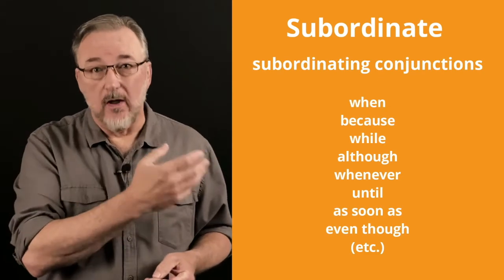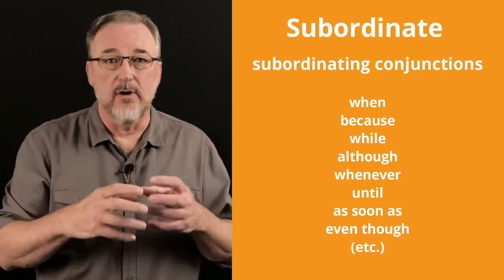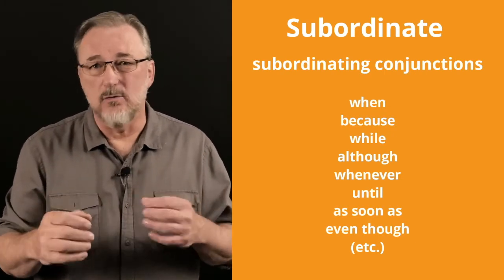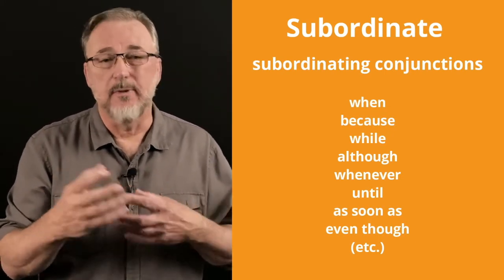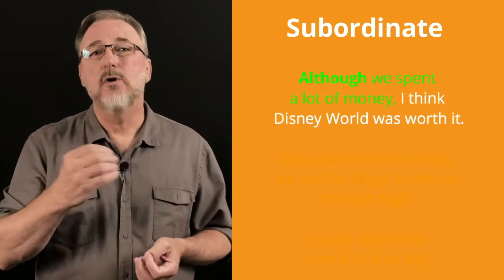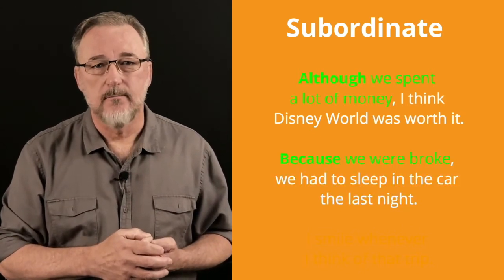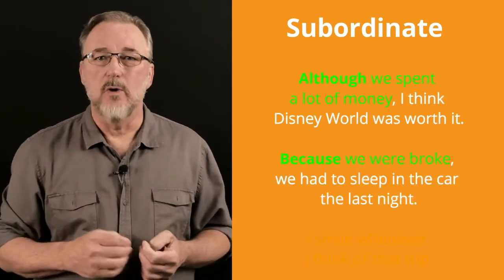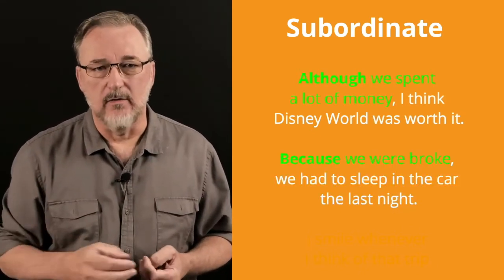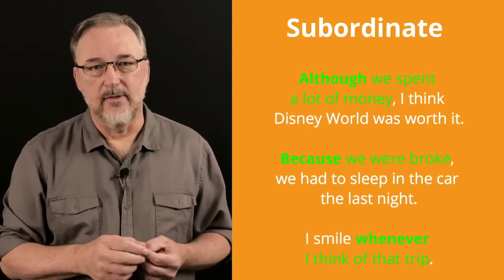These words also tell us about the relationship between the two parts of the sentence, whether it's time or a reason or an exception or something unexpected. Some examples. Although we spent a lot of money, I think Disney World was worth it. Because we were broke, we had to sleep in the car the last night. I smile whenever I think of that trip.